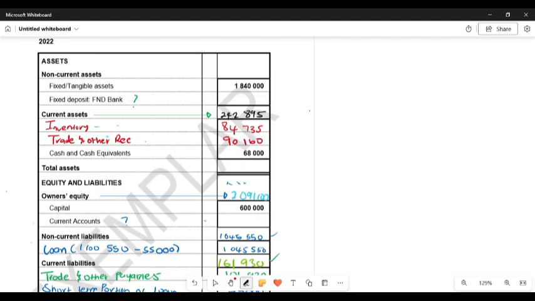And remember, now I can just take that amount and minus 600,000, and I'm going to get how much my current account is. So my current account would be 2 million. So let me just confirm. Wait, I think I've made a mistake. Let me just recalculate. So it's 2,091,100 minus 600,000. So as a result, yes, it has to be 1,491,100.